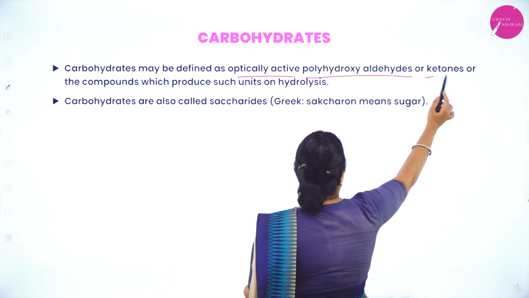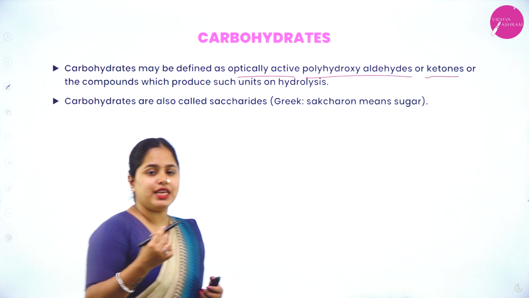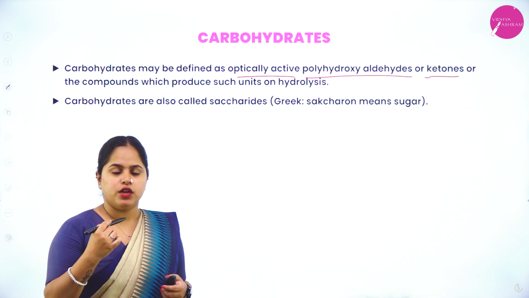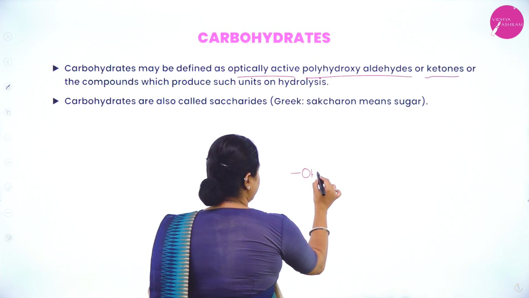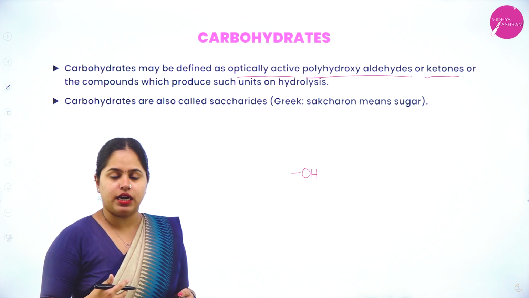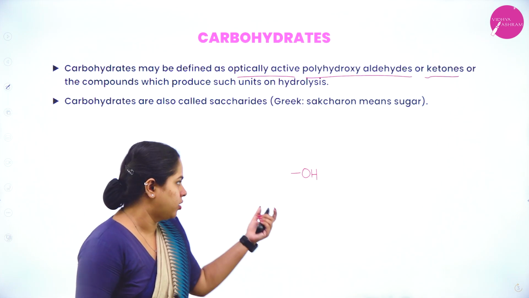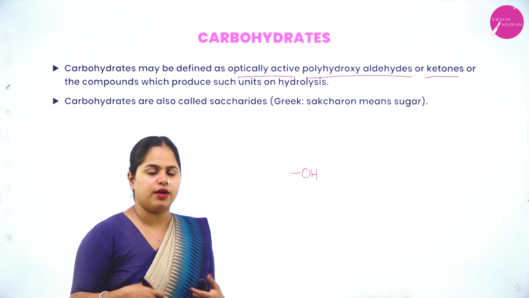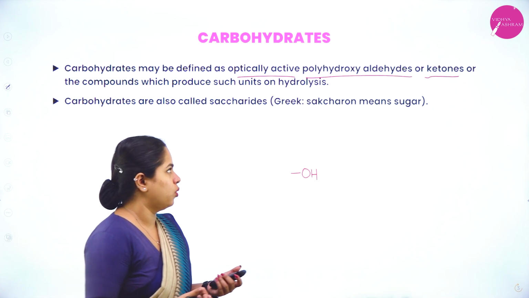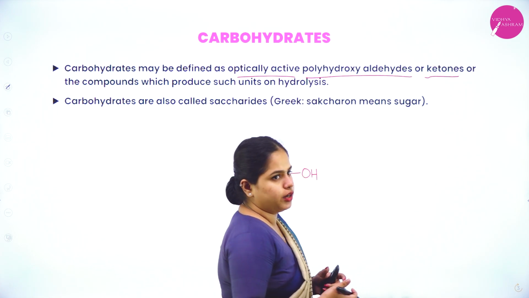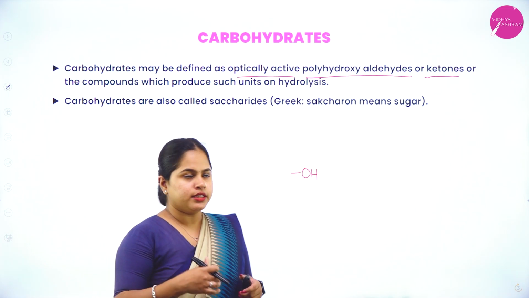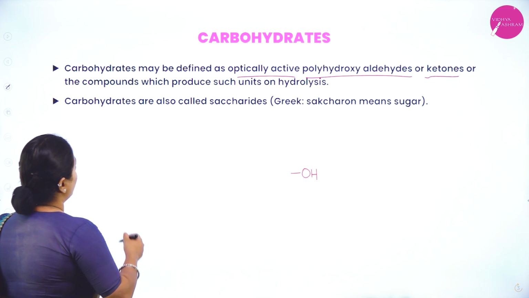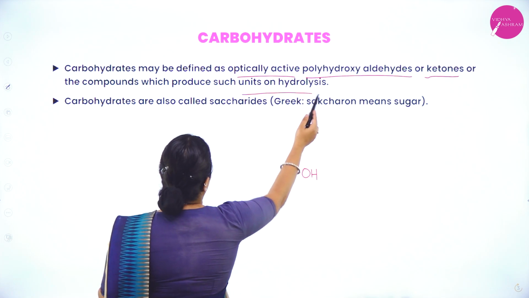Polyhydroxy aldehydes or ketones. So they are optically active polyhydroxy aldehydes or ketones. Now what does polyhydroxy mean? Hydroxy means the OH group, right? So polyhydroxy means it has more than one hydroxyl group, that is OH group. So it has the functional group aldehyde, or it can be a ketone, or also the compounds which produce such units on hydrolysis.